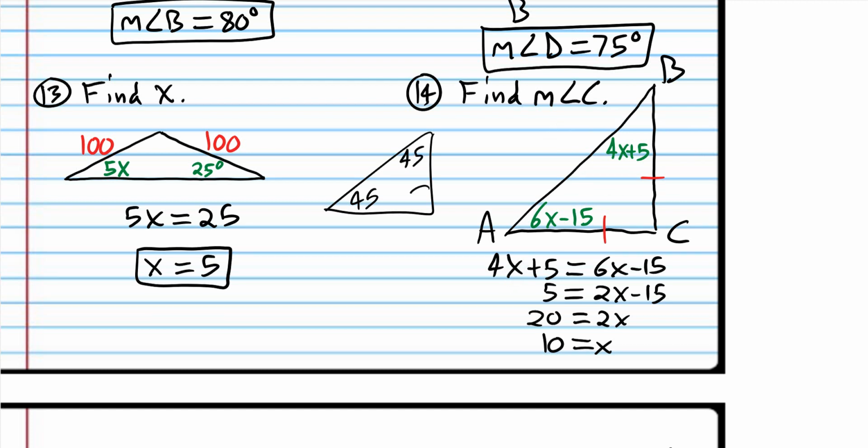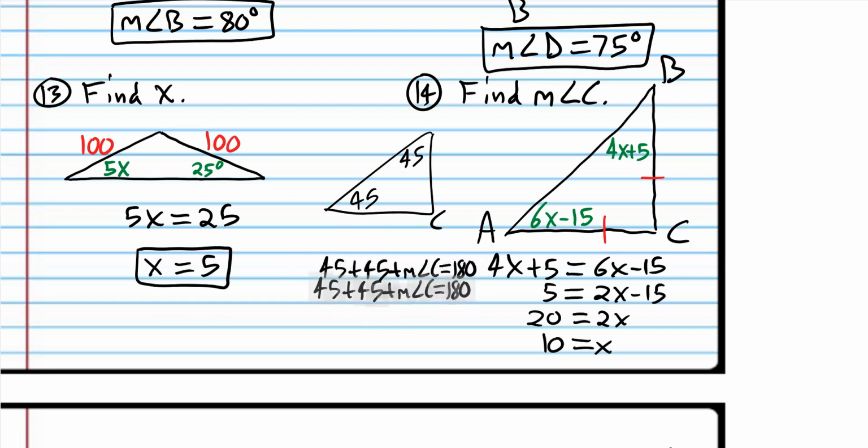Now I can find this angle by using the triangle sum theorem. I know that all those angles must add up to 180 degrees. So we'll just call this angle C. So 45 plus 45 plus measure of angle C must be equal to 180 degrees.